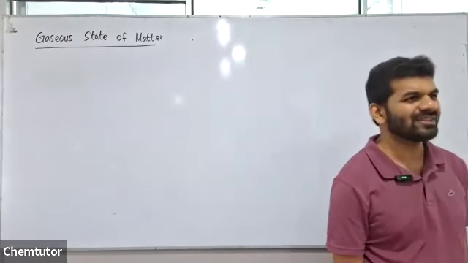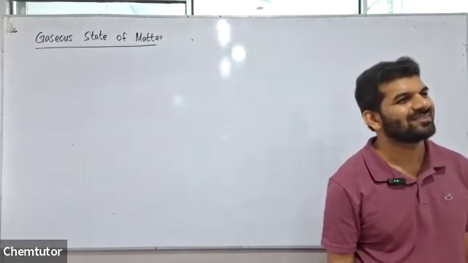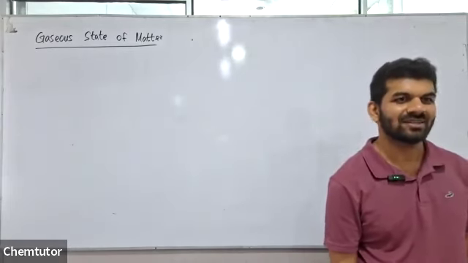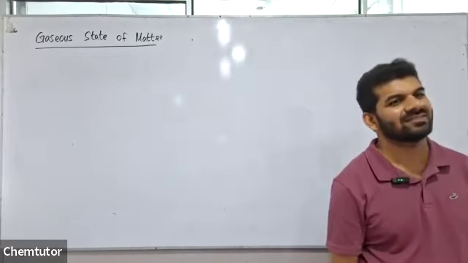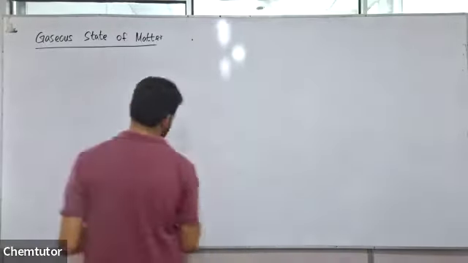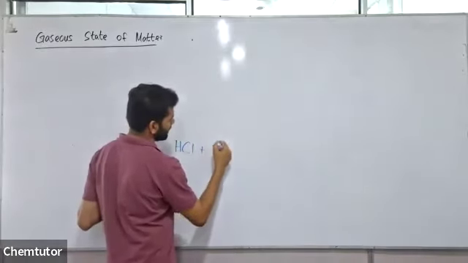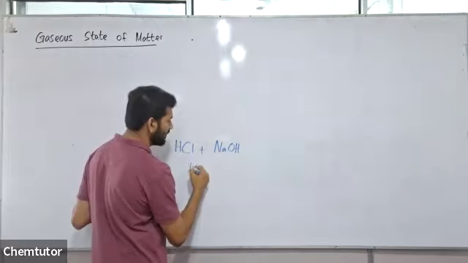So what is the limiting reagent? The reagent that will be finished first. If we react, let's say, HCl and sodium hydroxide, they will react in the mole ratio of 1:1.